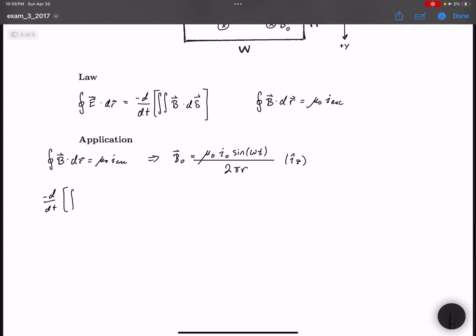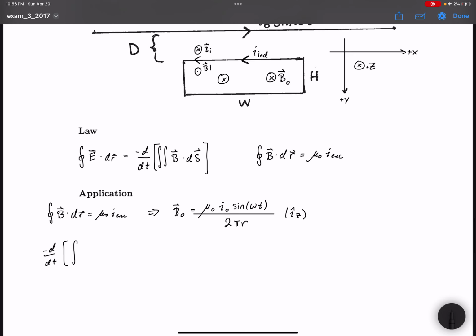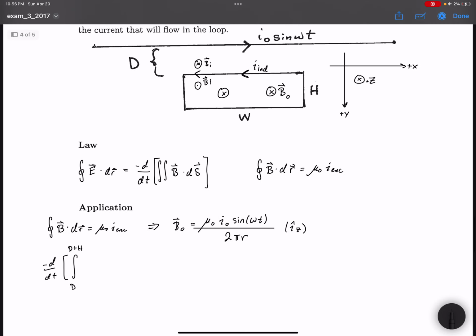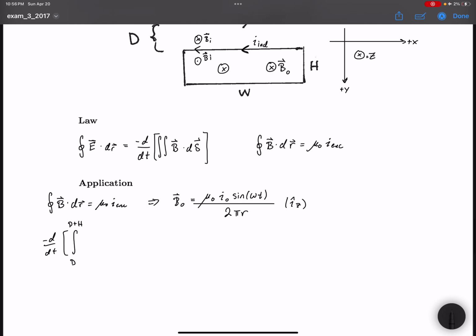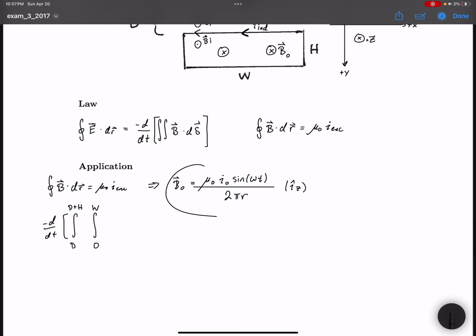So we're going to be taking a double integral so that we can get all of it. It's going to be d to d plus h in the y direction, because we chose y to be down, and then 0 to w in the x direction.